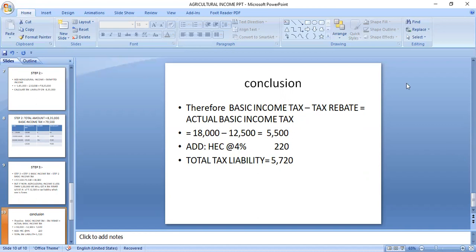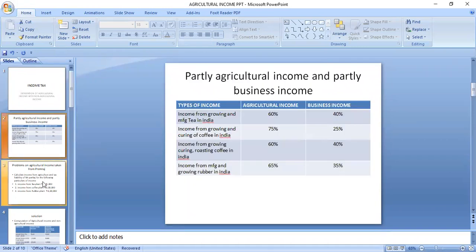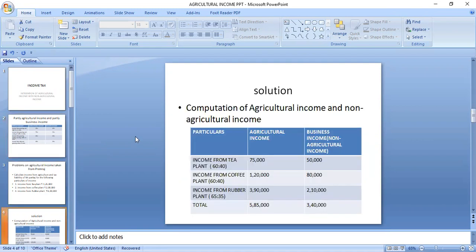Right. I hope you understood my lecture. So this is the total tax liability. He has to pay 5,720. Initially I told you why this technique was implemented. This technique was implemented so that people will not escape from paying income tax.